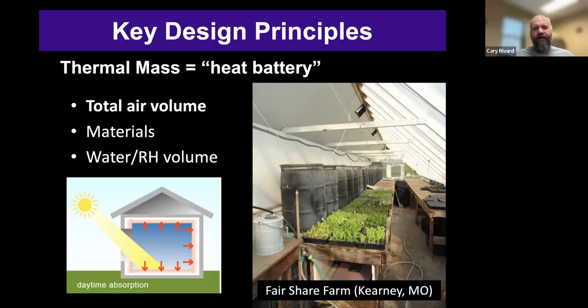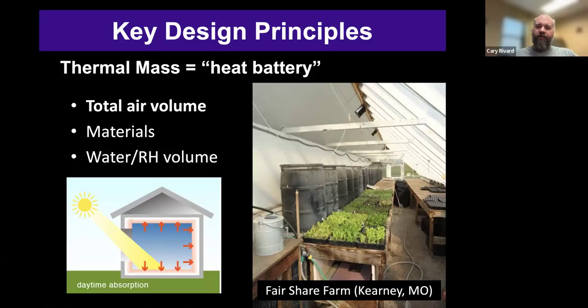It's going to heat up the air. It's also going to heat up water that's in the soil, which is really important as well, right? And so the bigger the tunnel is, the more energy it can hold in that heat battery. The larger thermal mass you have, the slower it's going to heat up and the slower it's going to cool back down, right?